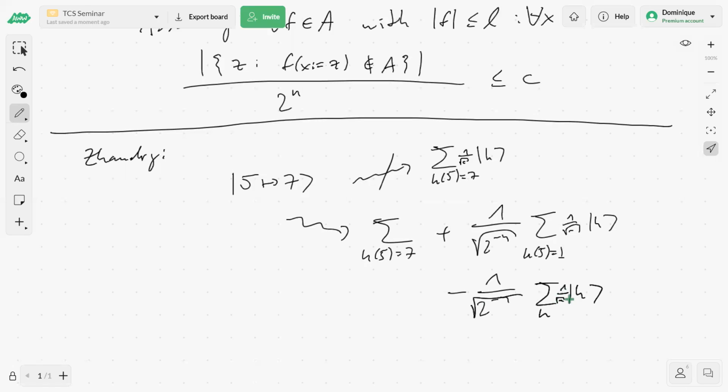So this thing does not really have much intuitive meaning. It's just some term that makes things more complicated.